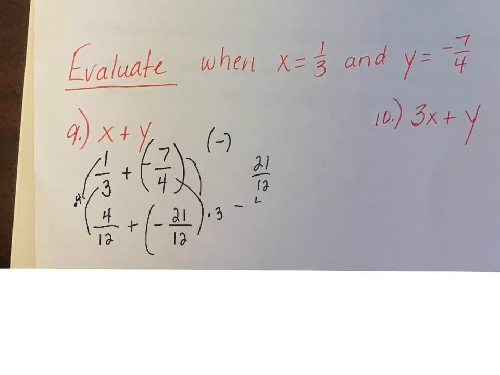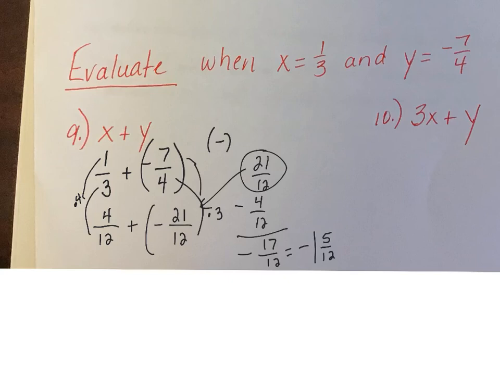Minus 4/12. 21 minus 4 is 17, right? Over 12. Keep the sign of the 1 on top, which is negative. Now notice that that is an improper fraction. How many times does 12 go into 17? One time with 5 left over.